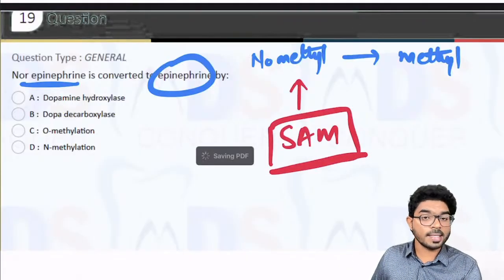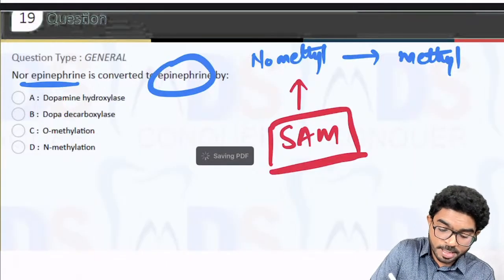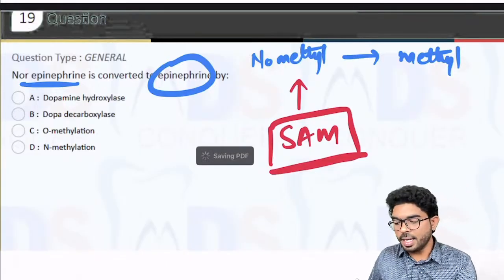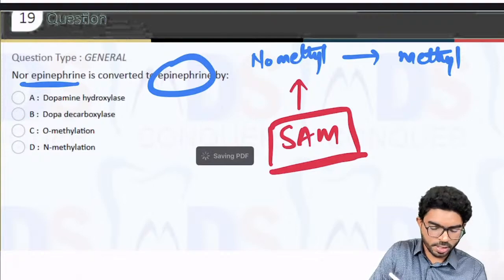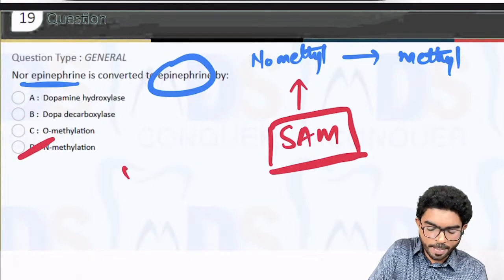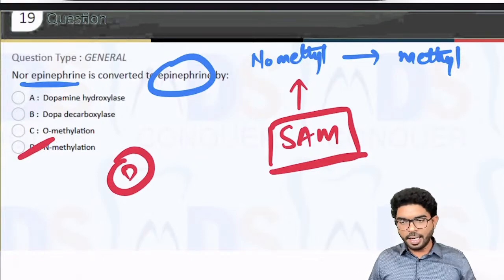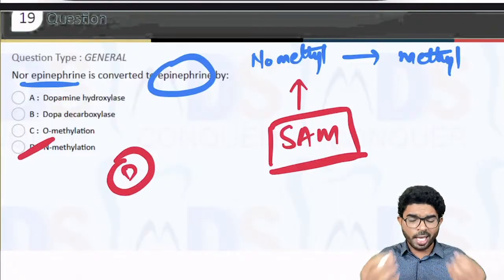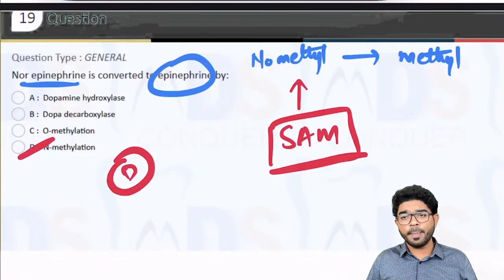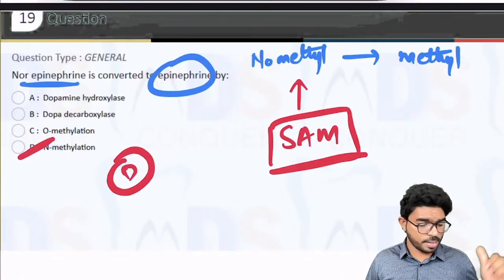This is called N-methylation, which we have already covered in the first question. So you have so many questions on catecholamine synthesis. If you are not very clear about catecholamine synthesis, please make sure you go back and learn it, which is very important for us.